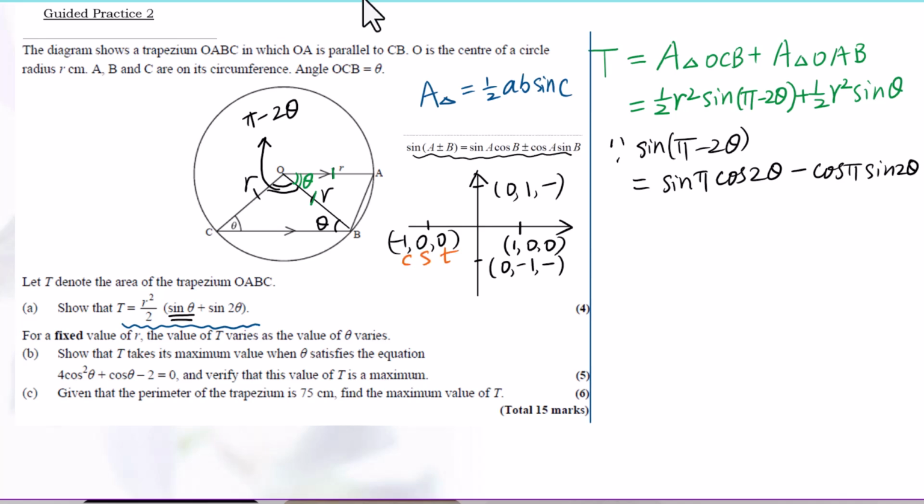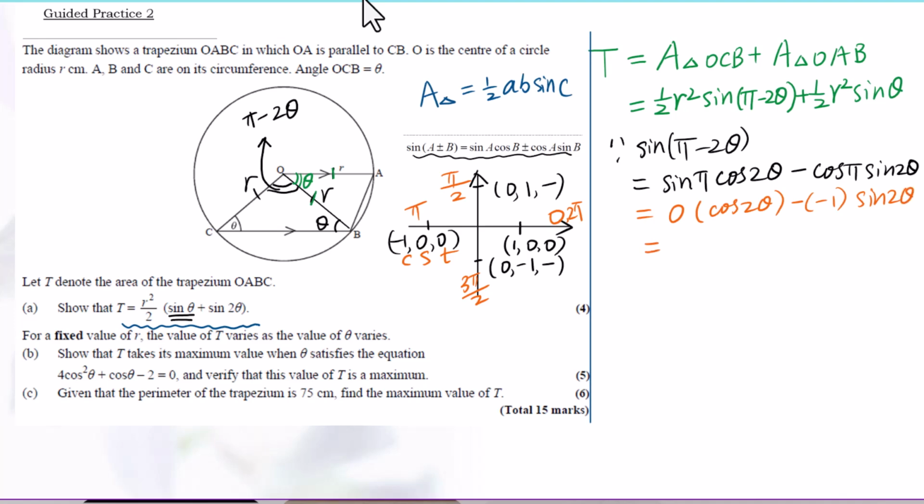CST. Angle 0, pi over 2, pi, 3 pi over 2, 2 pi. So sine pi equals 0 times cosine 2 theta, minus cosine pi, which is negative 1, times sine 2 theta.